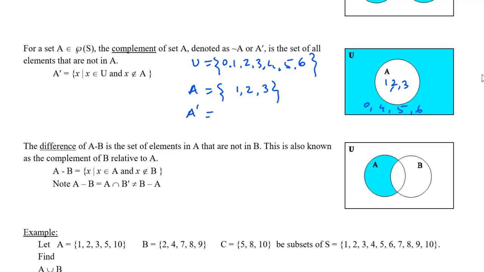So not A is basically 0, 4, 5, and 6. Anything but A, but within whatever universal set you have.